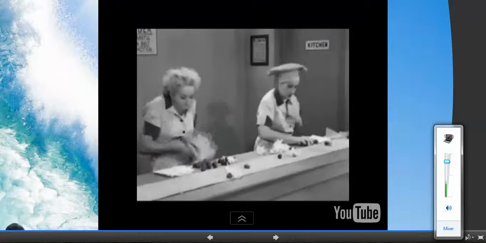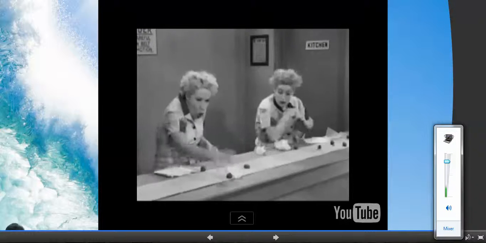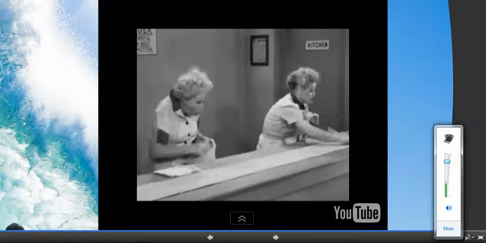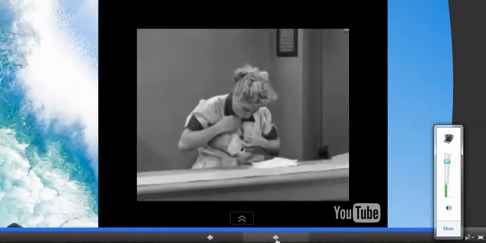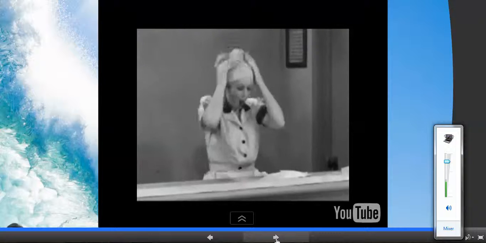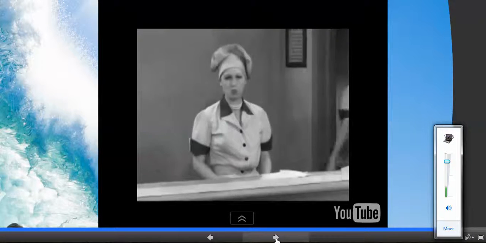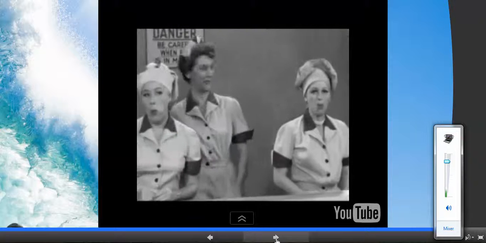Here she comes. Fine, you're doing splendidly.